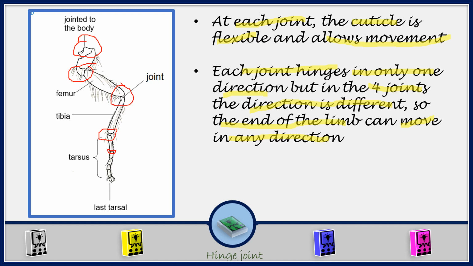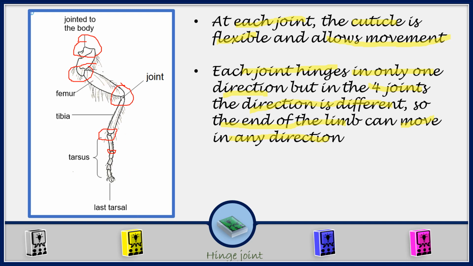Most of the joints that we have are hinge joints. This joint here is a hinge joint, and it can only move in one direction. And this joint here is also a hinge joint. It only moves in one direction.